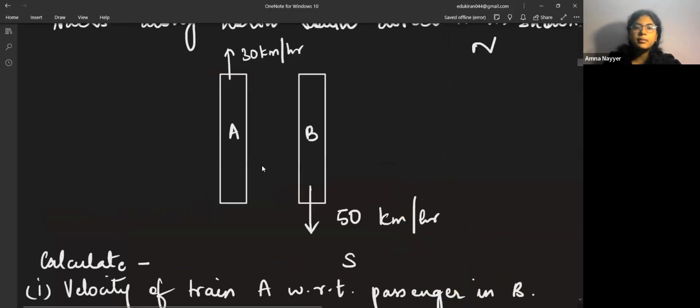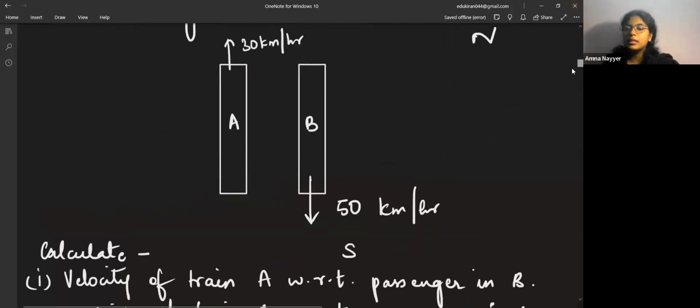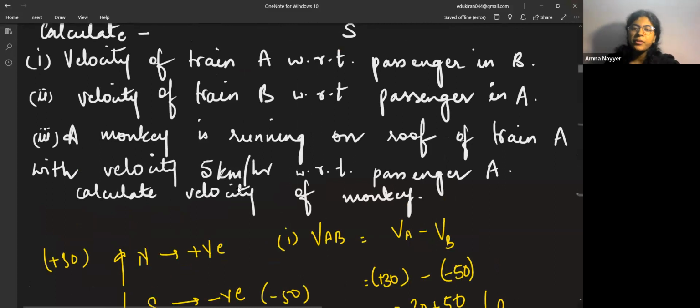See, this monkey is moving on the roof of this train. This is train A, 30 kilometer per hour, and velocity of monkey is also given to us, 5 kilometers per hour.